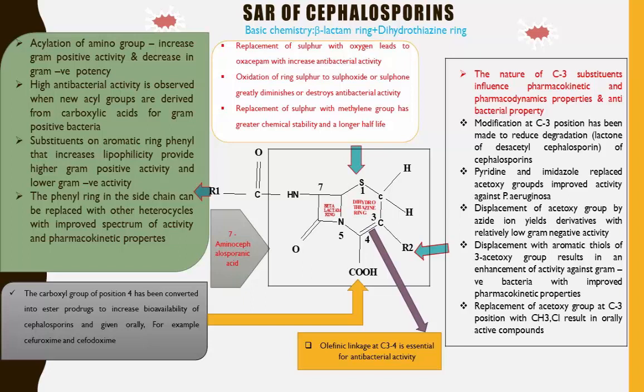Modification at the C3 position reduces degradation, for example lactone or acetyl cephalosporin. When it is replaced with pyridine or imidazole, it leads to improved activity against P. aeruginosa.